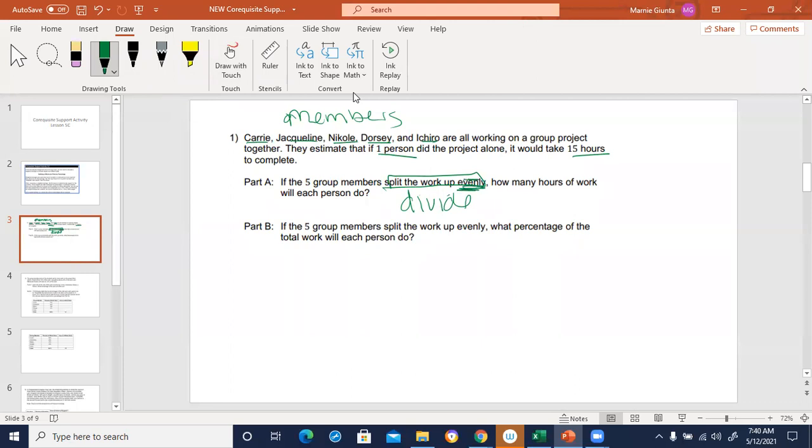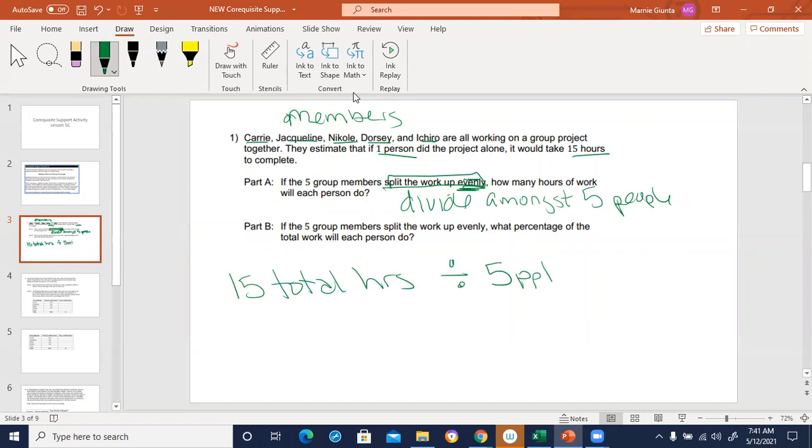When it's evenly divided amongst 5 people, because in this group we had a total of 5 group members. So, how many hours of work will each person do? Well, there are 15 total hours, and we want to divide amongst 5 people. And so that is going to be 3 hours per person.